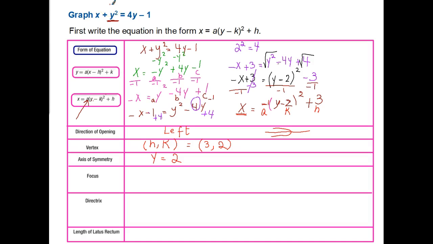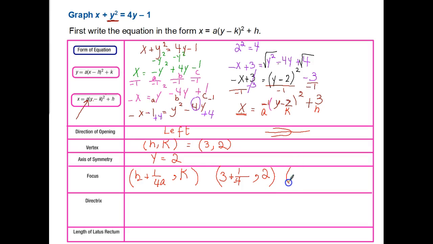So since we're using the second form, the focus is equal to h plus 1 over 4a, comma, k. So plug it in the ordered pair. We know that h, in this case, is a 3, plus 1 over 4 times a, which is a negative 1, comma, k, which is a 2.